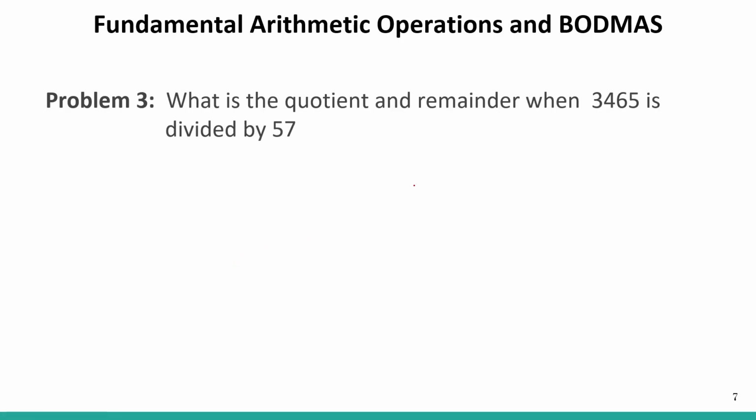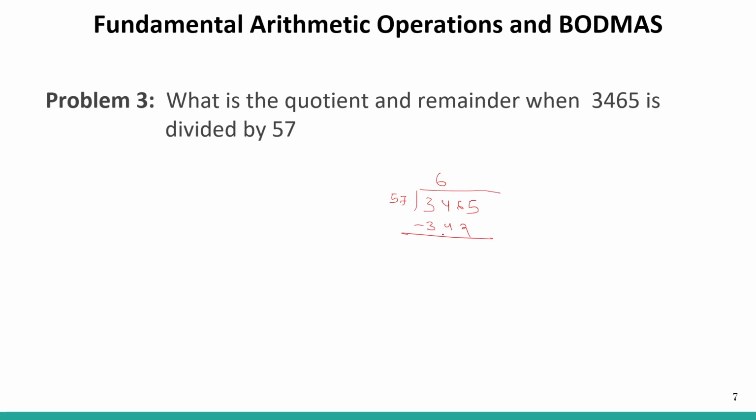So this is the question: what is the quotient and remainder when 3465 is divided by 57? So we have 3465, and we want to divide by 57. This will be into 6, so 342.